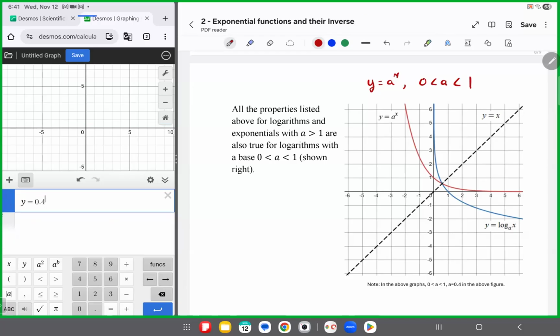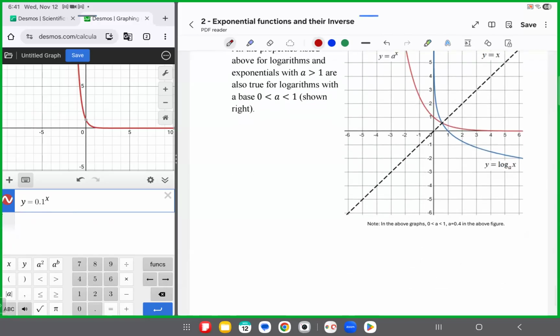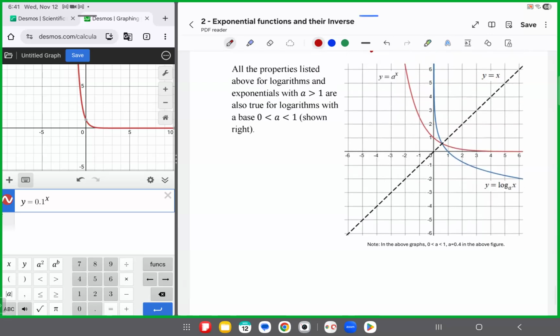If we were to type in, say, 0.9 or 0.3, 0.2, 0.1, they all have a similar corresponding shape, as well as the inverse. Okay, and so that's what I did put here in this note. In the above graph, we said that in this case, a is equal to 0.4.